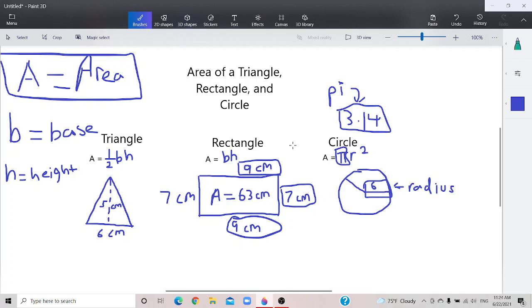So in a future video, when we do 3-dimensional figures, I'll explain more in depth why we write centimeters squared. So area equals 63 centimeters squared. So that's how you would solve a rectangle for its area.